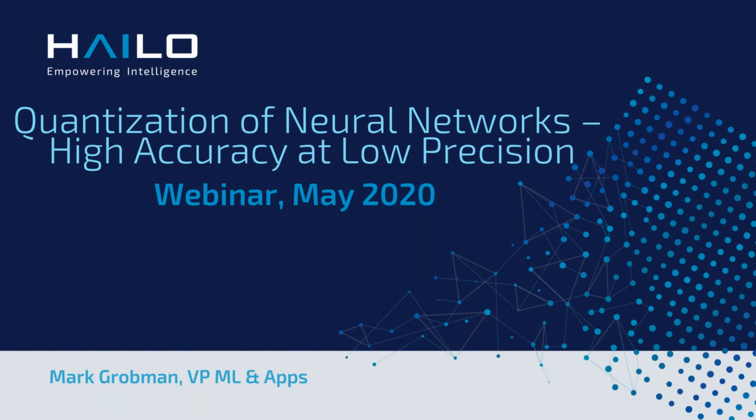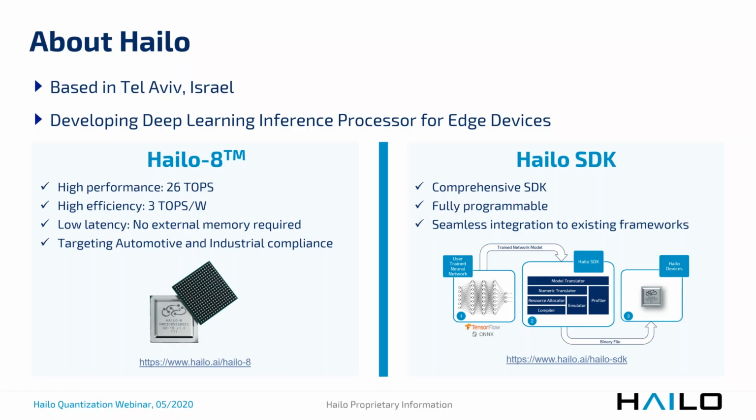So, a little bit about Hailo for the uninitiated. We're a startup based in Tel Aviv, Israel. And we're developing the world's most advanced deep learning inference processor. Our first product is the Hailo 8. I'm not going to do a lot of PR here, but I did want to give some context behind our interest in neural network quantization.